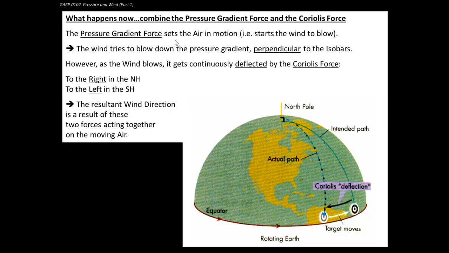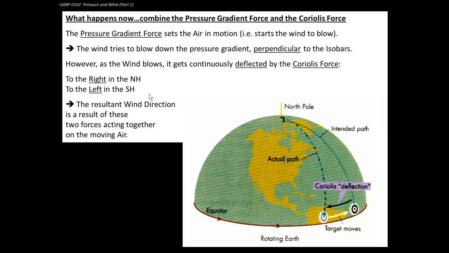However, as the wind starts to blow down the pressure gradient, it gets deflected by the Coriolis force. And it gets deflected to the right in the northern hemisphere and to the left in the southern hemisphere. So, wind direction is a combination of these two forces acting onto the moving air.